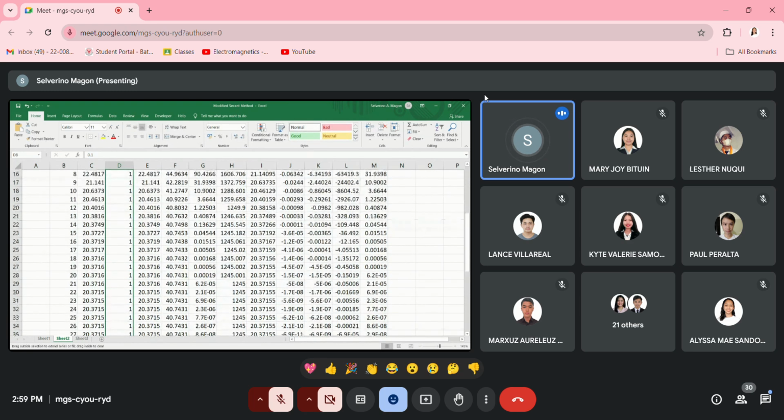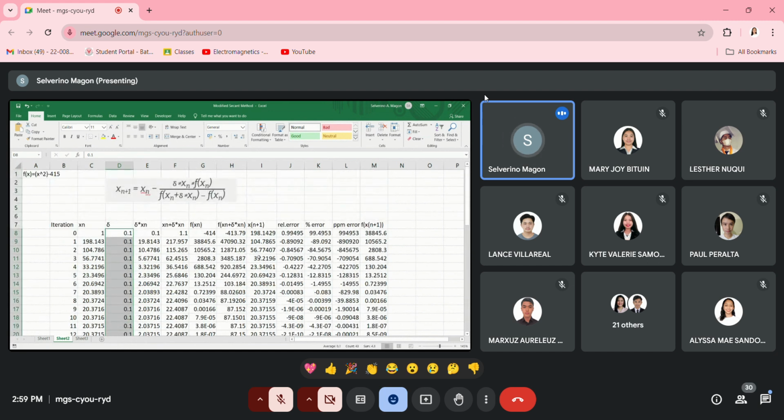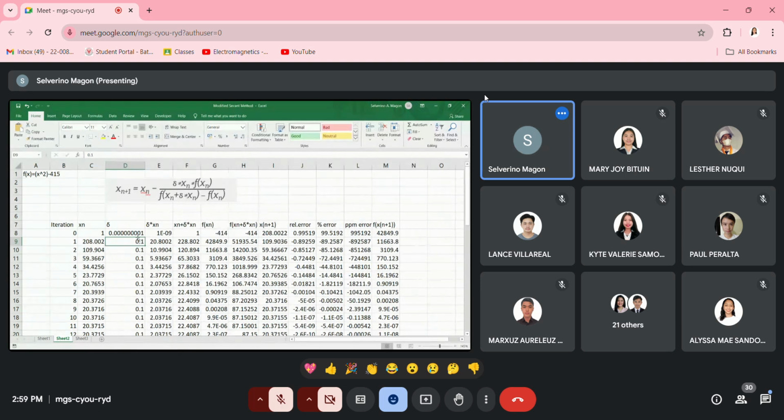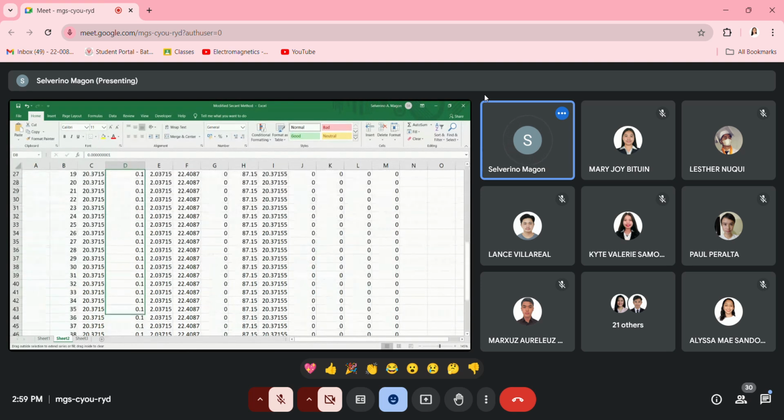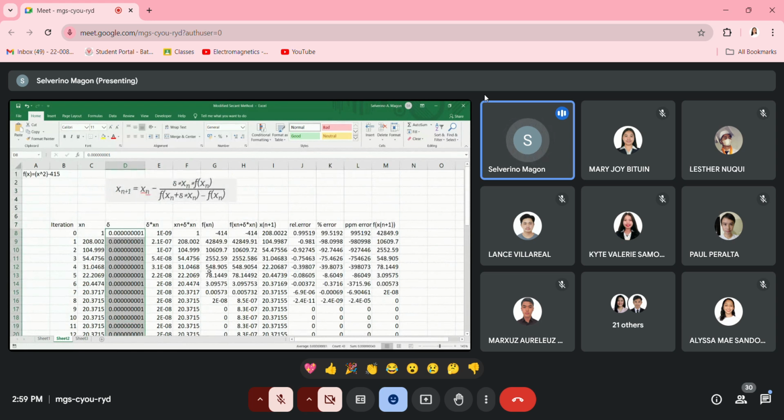Or it should be standard. Or if you even try a very small value of increment like that, either way, you will still arrive at the solution.